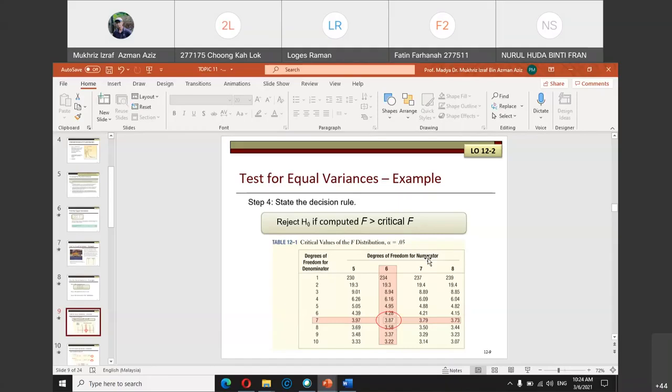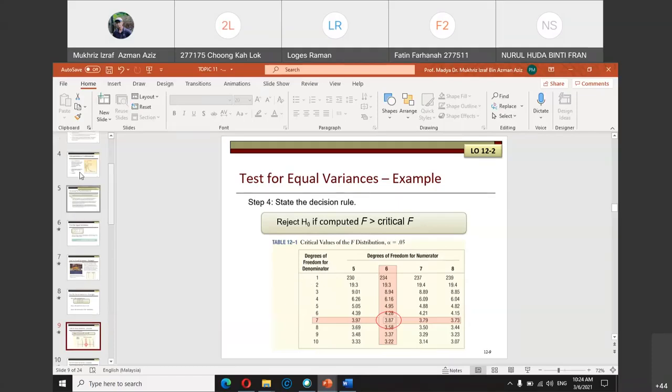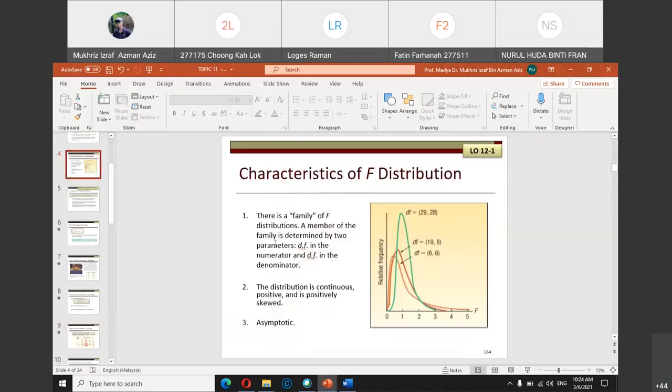You know numerator is the value on top, denominator is the value at the bottom. If you take a ratio, x over y, x will be the numerator, y will be the denominator. So this is what we call having 2 degrees of freedom, determined by the 2 degrees of freedom.